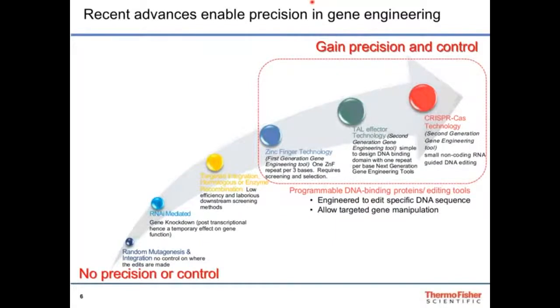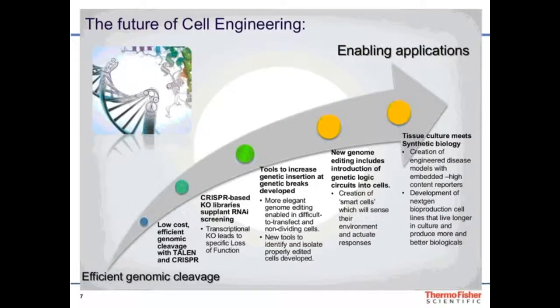So where do we think we're going to go next? If we look at this now, we're down in the lower left corner again today, and all the things that I'm showing here on the slide are actually being currently worked on. So we think this is at least partially the future of the field. We'll start with CRISPR-based knockout libraries.